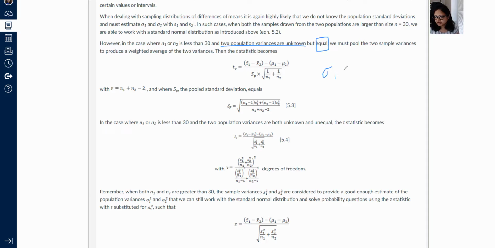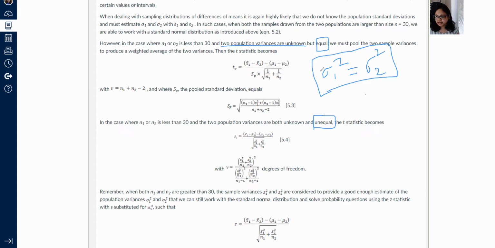Let's say the two population variances are the same. Maybe we came to know from the data set, or from previous studies, or maybe it's mentioned in your assignments. Or if it is not mentioned, you can assume that they are similar. Or if you find that they're not the same, then you have to treat the standard deviation differently.